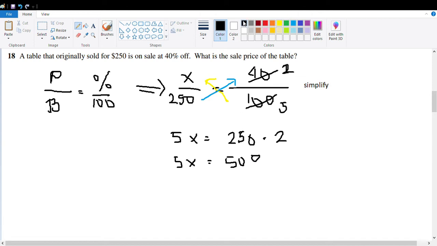Now what's our next step? Divide both sides by 5. Hence you're going to be with x is equals to 100.